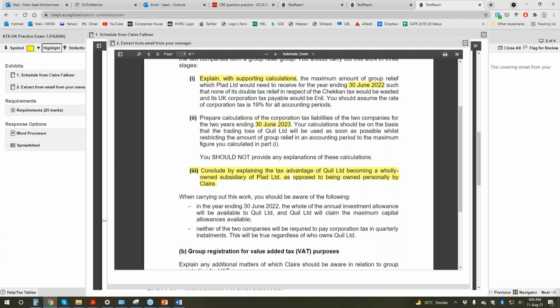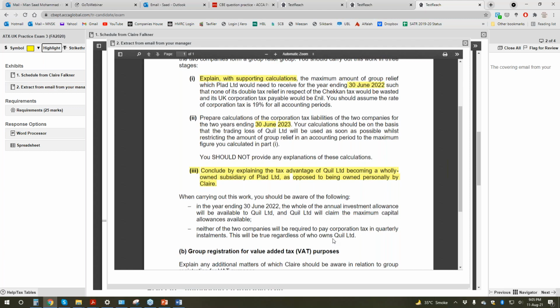When carrying out this work, you should be aware of the following: in the year to 30th June 2022, the whole of the AIA will be available to Q Limited, and Q Limited will claim the maximum allowances available. Neither of the two companies will be required to pay CT in quarterly installments. This will be true regardless of who owns Q Limited.